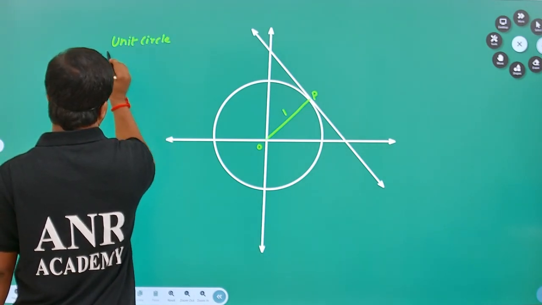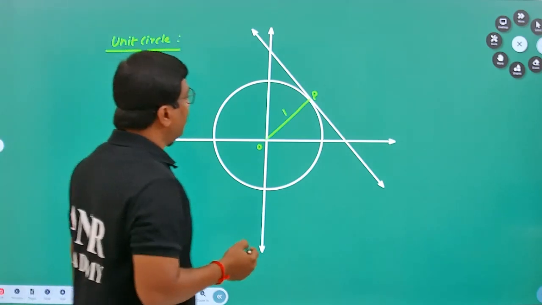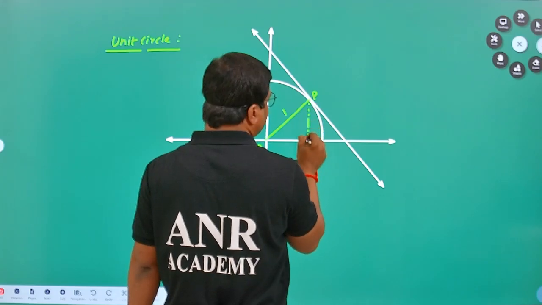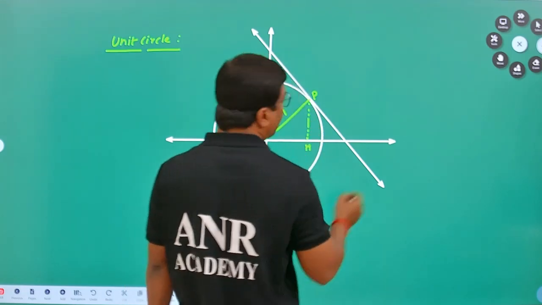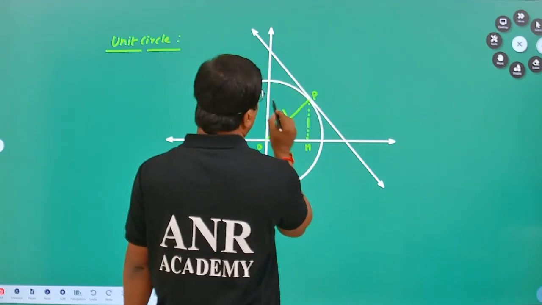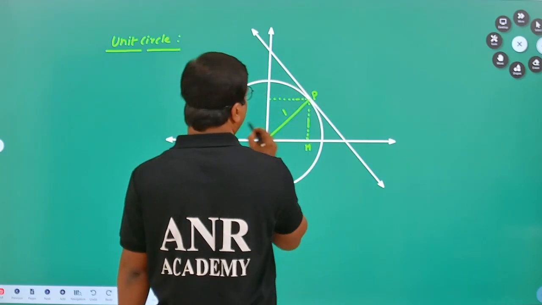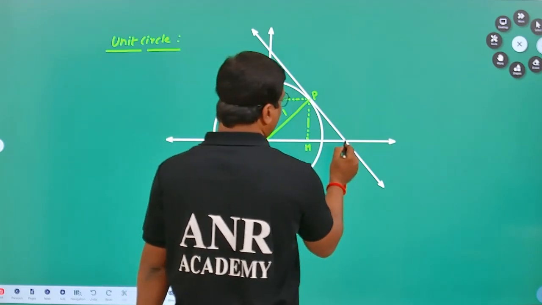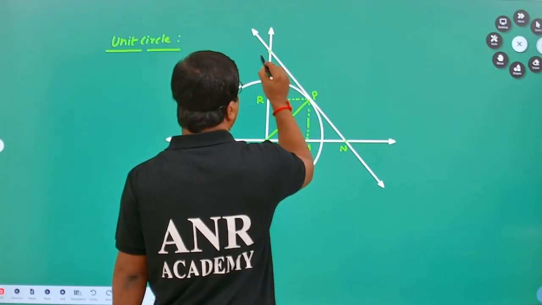A unit circle is nothing but the circle having 1 unit radius. If you drop a perpendicular from point P to x-axis, and if it is M, and here suppose that it is some R, and assume that this is some N, and here the intersection, suppose that Q.